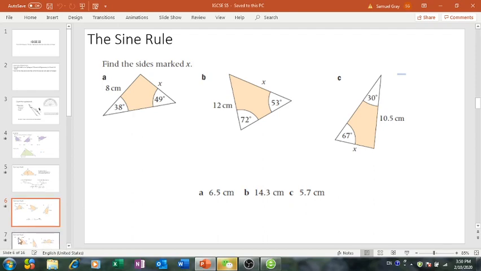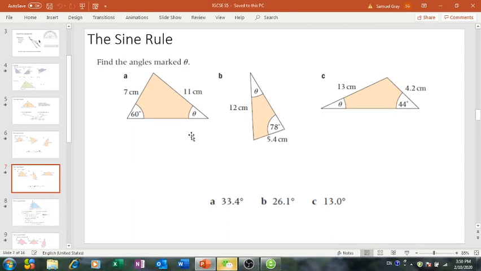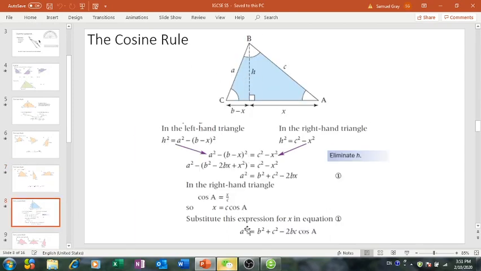Now, this uses the fact, again, we can spread these out and it gives us this equation down here. This is just relating a side and its opposite angle to the two other sides, which means that a side length squared is equal to the other two side lengths squared and then added together, which is Pythagoras' theorem.